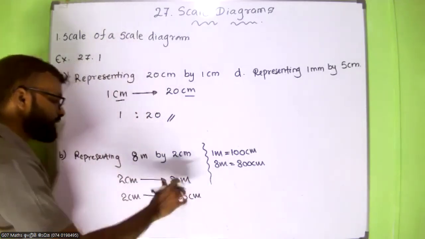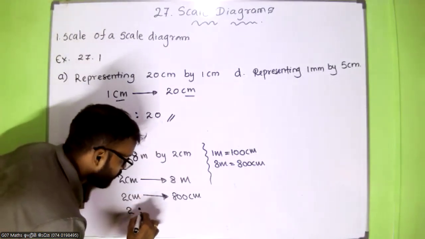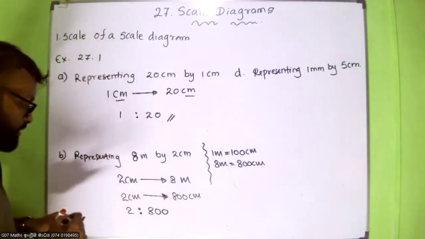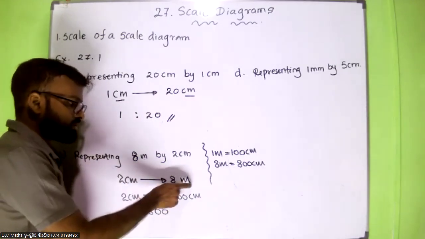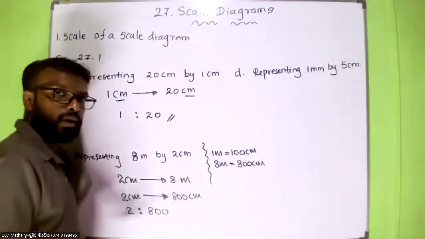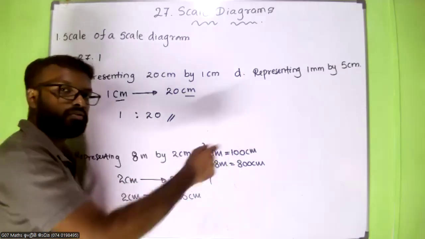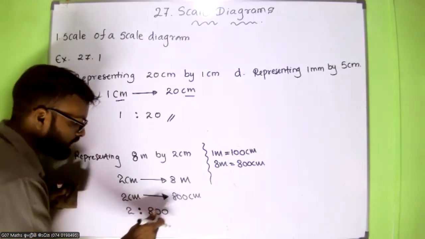How do you write this as a ratio now? 2 to 800. So you have converted this meter into the same small unit. Very easy.